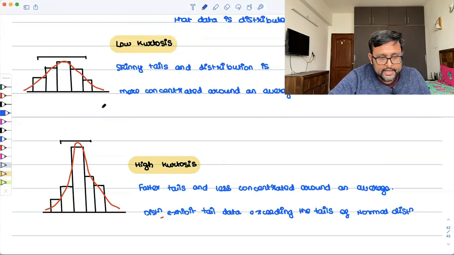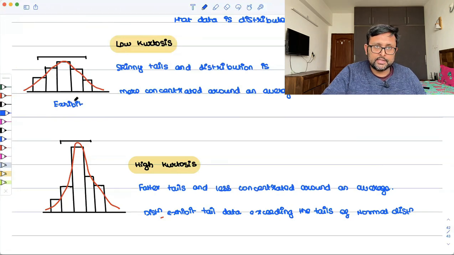So it exhibits tail data. When I say tail data, it means the extreme values.